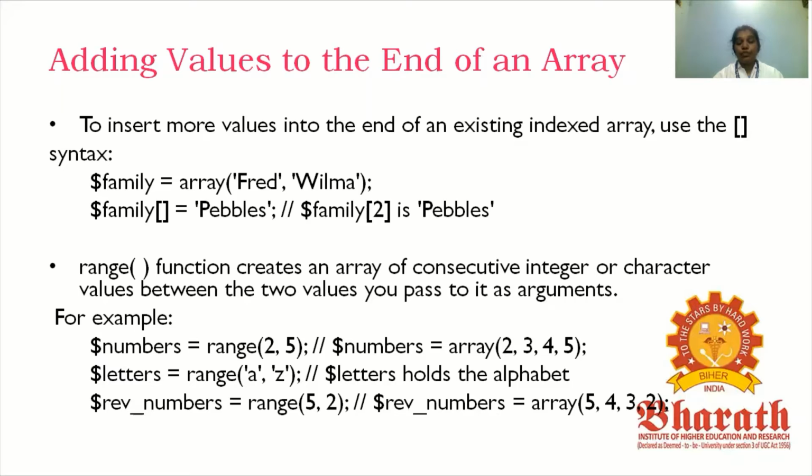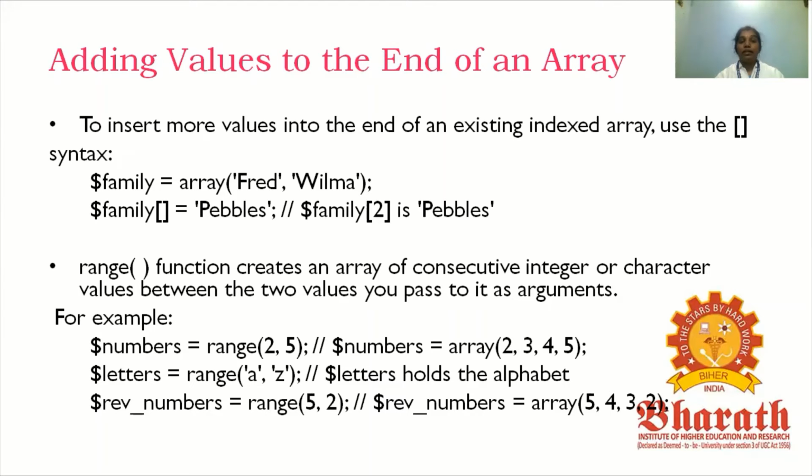To insert values at the end of an existing array, you should use the square brackets. See the example: $family = array("Fred", "Wilma"), which means the array contains two elements, Fred and Wilma.